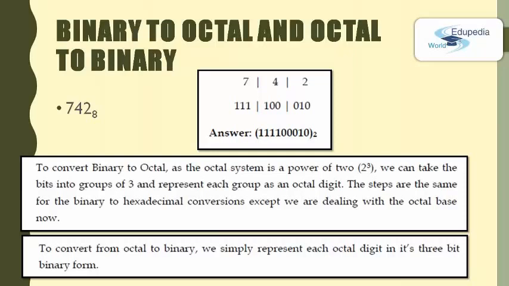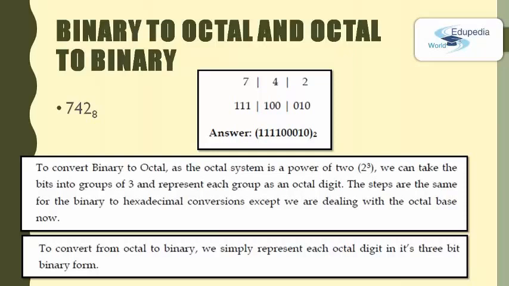Now in here it is the same process as we did in binary to hexadecimal and hexadecimal to binary, but the difference is that each group has exactly 3 bits rather than 4 bits. Let's take this example, octal number 742. To convert this into a binary equivalent number, take each digit of the octal number 742 and convert them into the equivalent binary number.